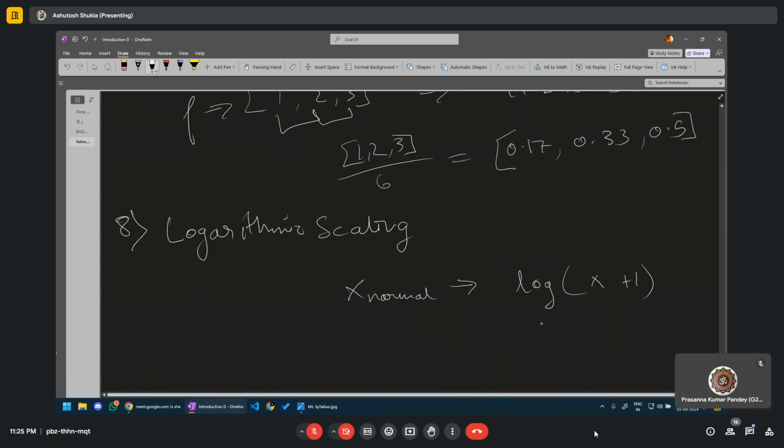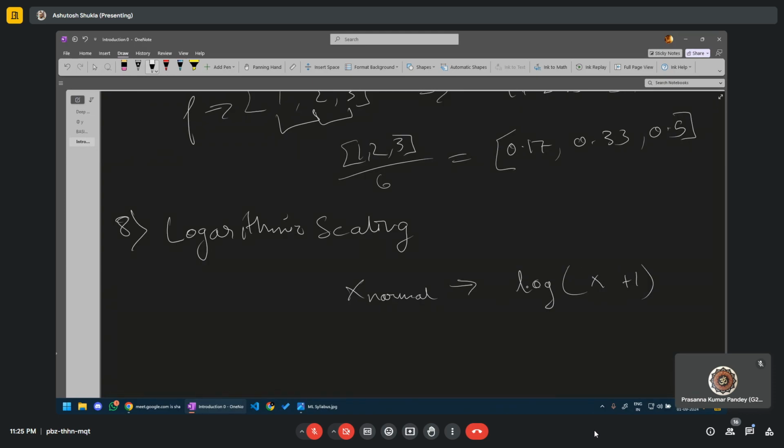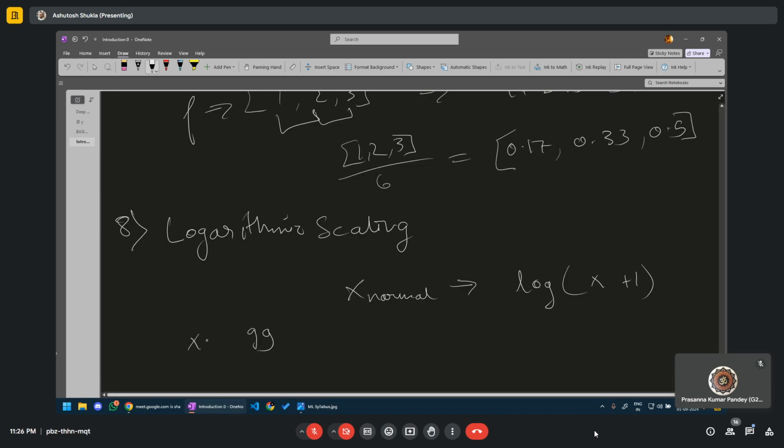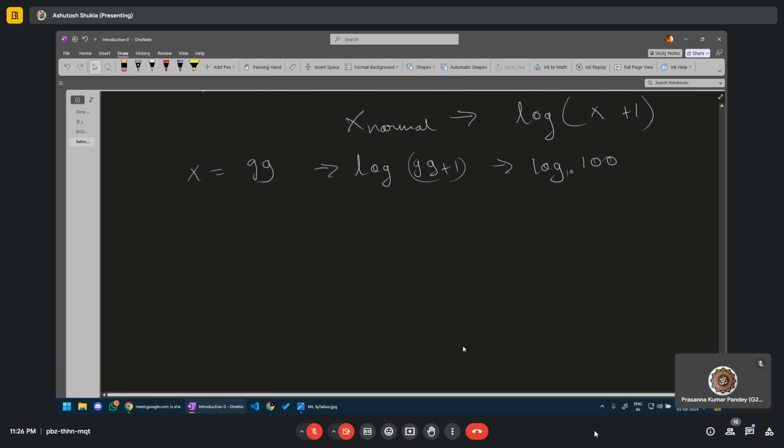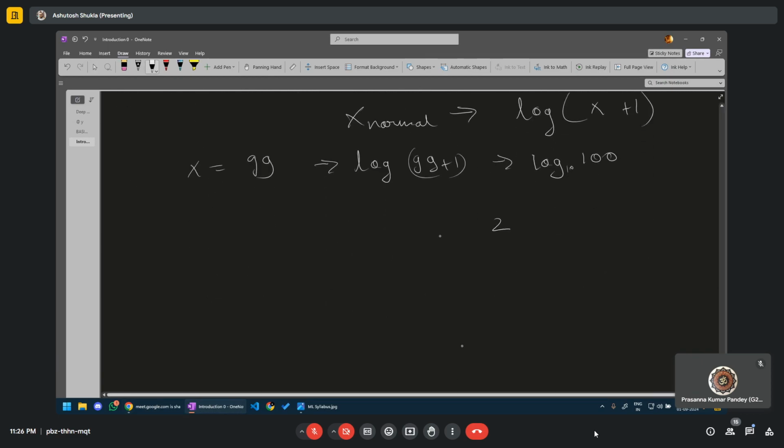Literally, that will scale it down. You really don't have to do anything else other than that. For example, if x equals 99, all you do is log 99 plus 1, you get log 100. And because this is decimal log, that's just going to be 2.